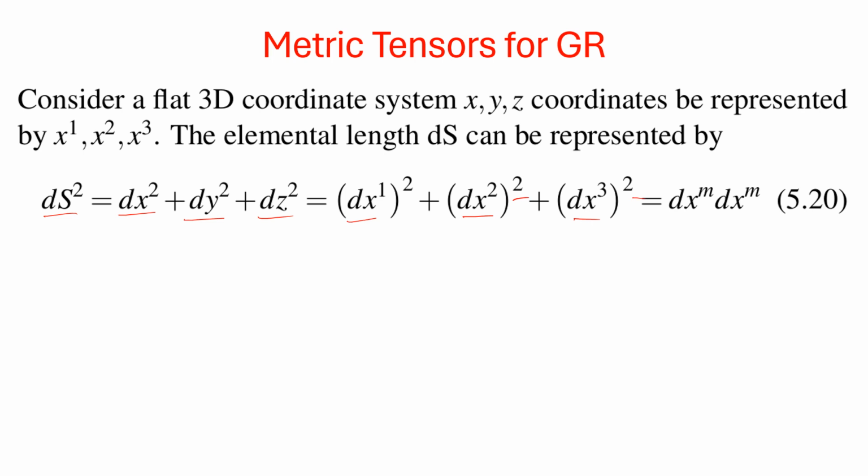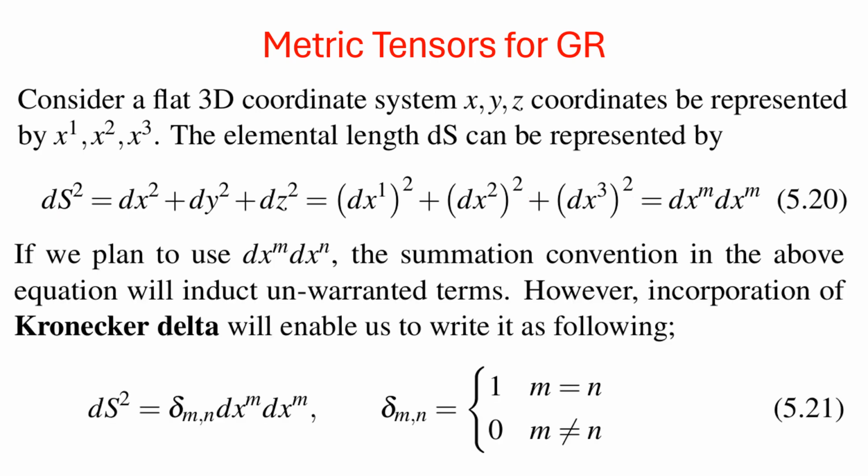This can be written as dxm into dxm. Now, here we are using the Kronecker delta symbol so that we avoid unwanted factors, and we can write del mn is equal to 1 when m is equal to n, and other components 0. So that makes a metric tensor.